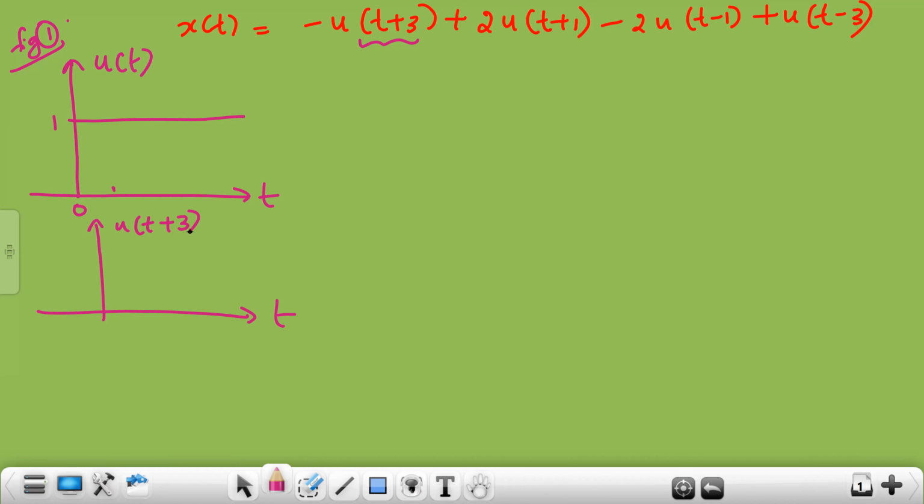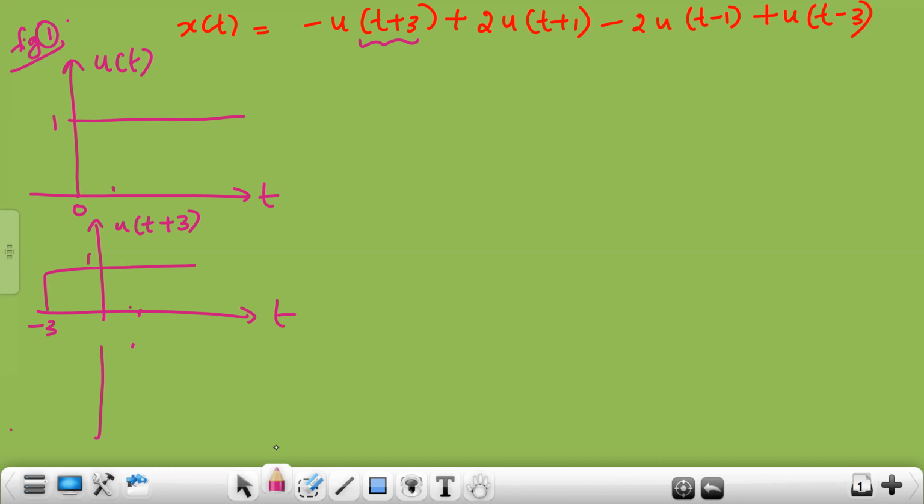Yes, so we are going to shift this step towards left side, so that step will come from minus 3. Initially it was coming from 0 as a step. Now, after shifting towards left side, it will be coming from minus 3 as shown in this waveform. Again, the amplitude is 1. There is no change in amplitude.